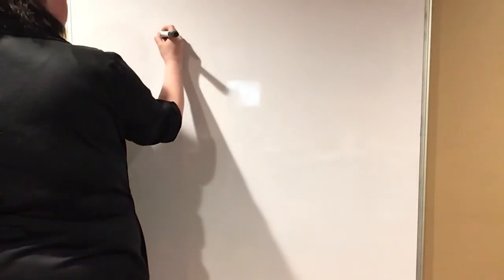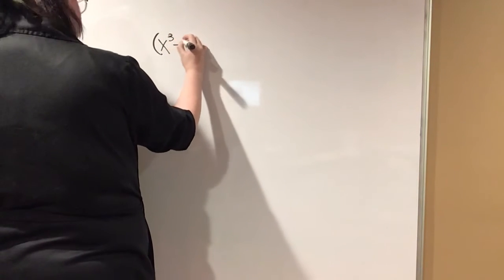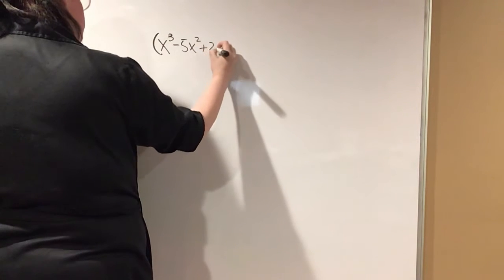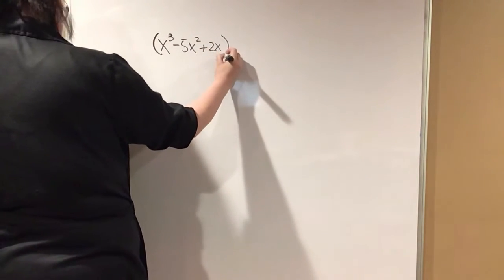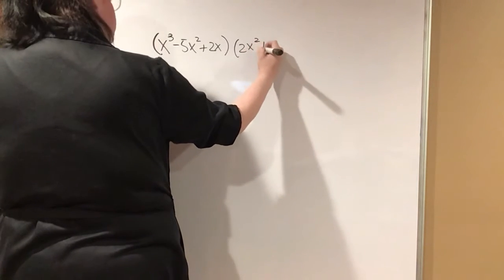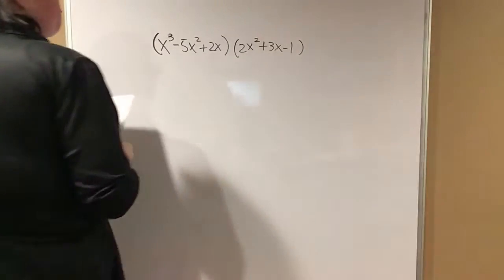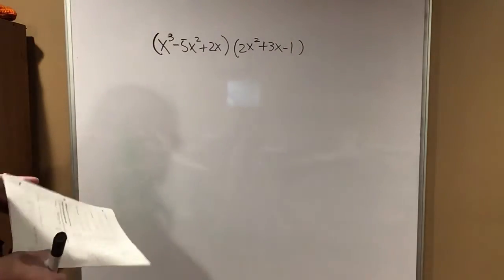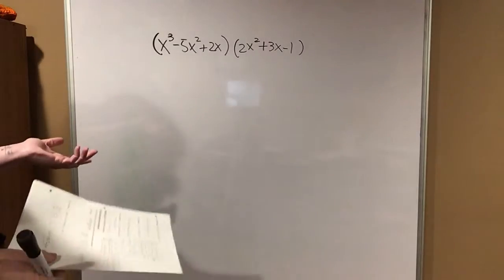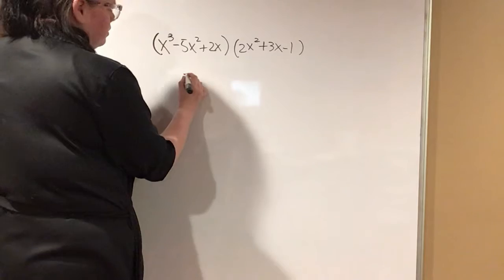If I'm given x cubed minus 5x squared plus 2x, and I'm multiplying that by 2x squared plus 3x minus 1, well, how are you going to use FOIL in this? This has 3 terms in each one. That's kind of hard to do. So this is what I do for this instead.